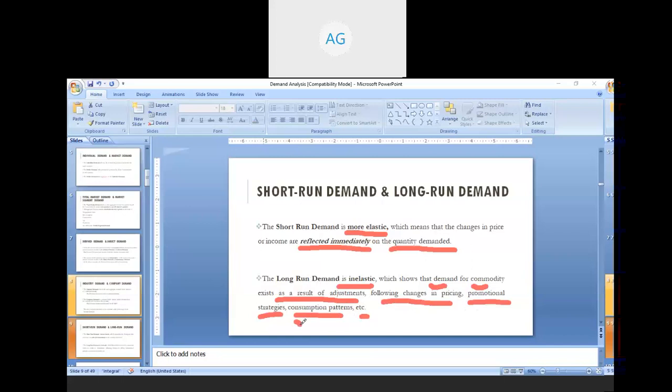Then the consumption pattern: analysis is done for certain items in order to make the strategy. How did previous items of that category perform, what were their advantages and limitations? They try to resolve the limitations to make the item much more suitable in the long run.